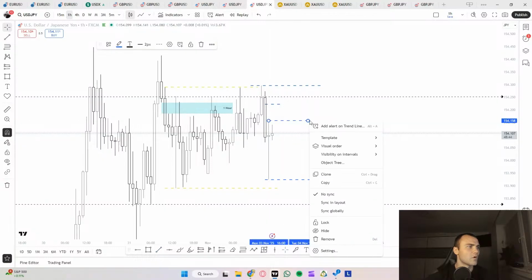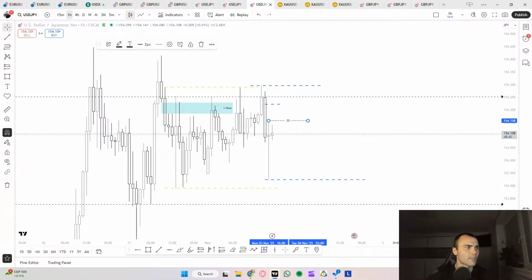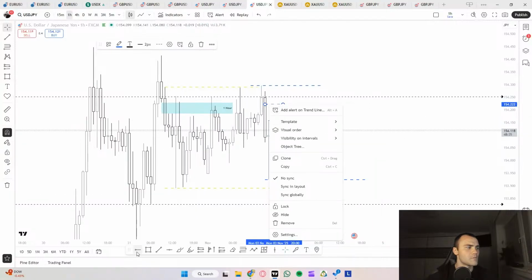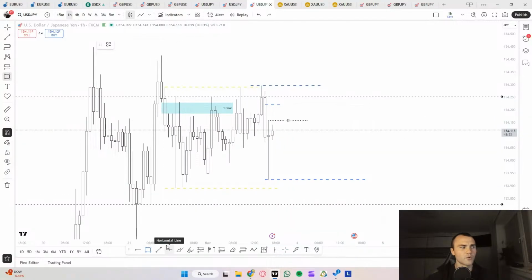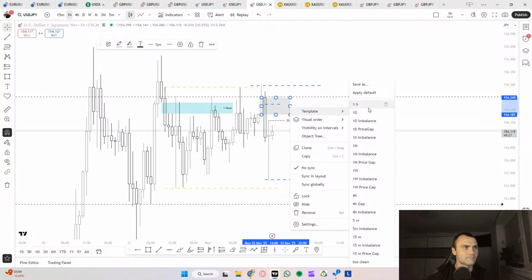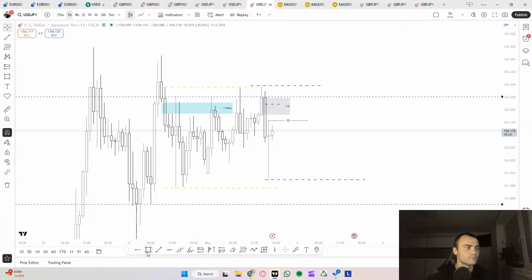But what happens is that on hourly, liquidity is here. I don't want to jump straight away 2 time frames lower because of this. We got this breaker also.